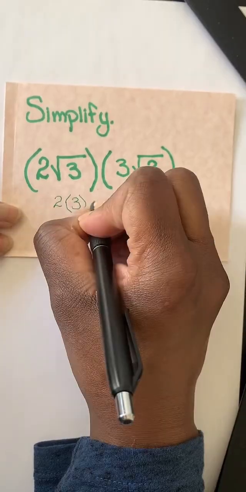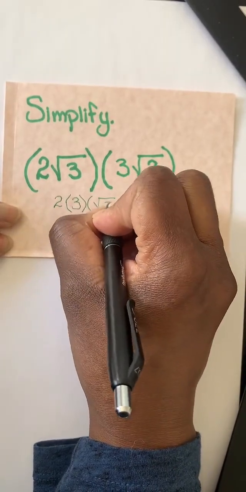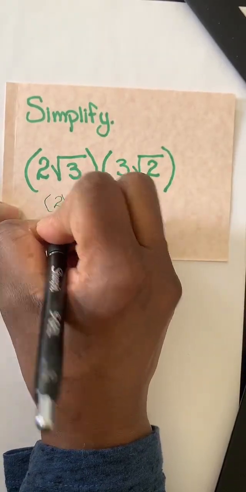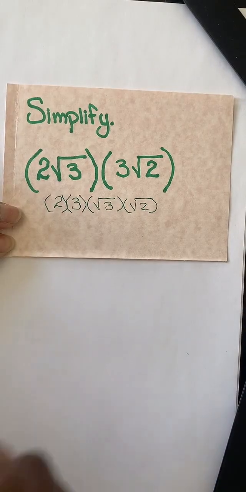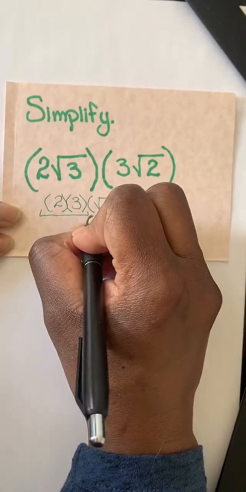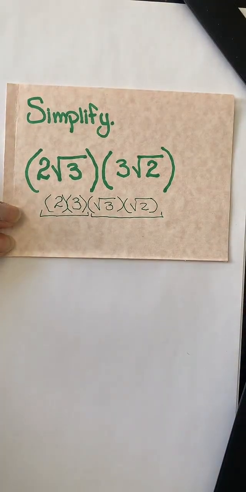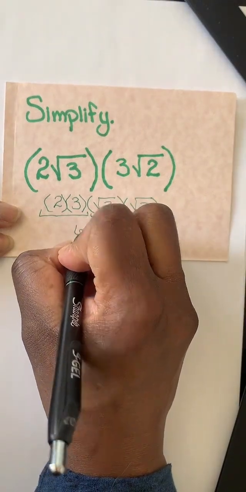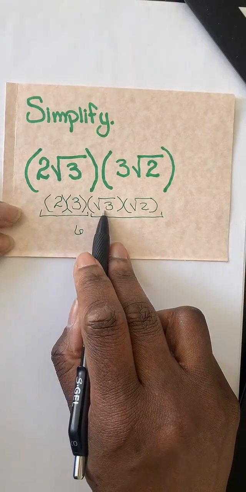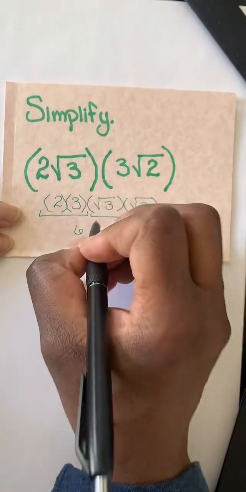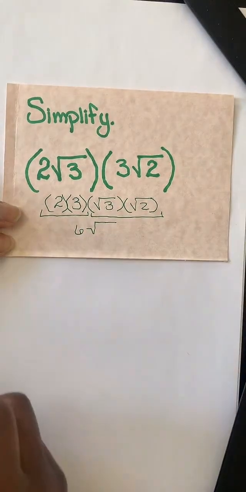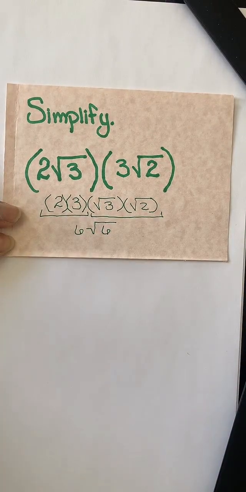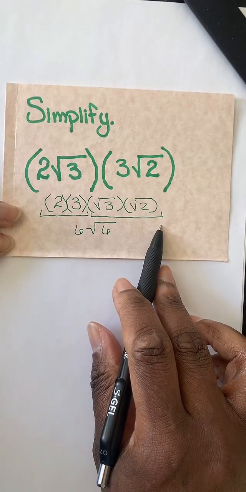I like to use parentheses so it doesn't look too crazy. And then my square root of 3 times my square root of 2, just so I can have a nice little grouping. You can only combine like with like. So when you multiply the 2 times 3, that gives me a 6. And when you multiply the square root of 3 with the square root of 2, your answer is still going to be underneath a square root. So 3 times 2 gives me 6. So all of this is multiplication.